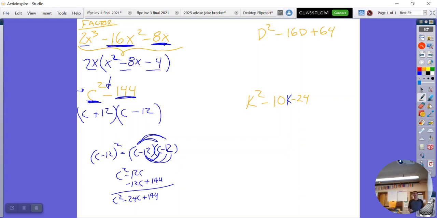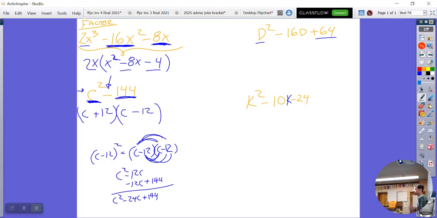Okay. All right. But in that vein, I feel like you had a premonition of the next problem. Oh, I got you. So we have d squared minus 16d plus 64. So the question is, there are two ways to do this.